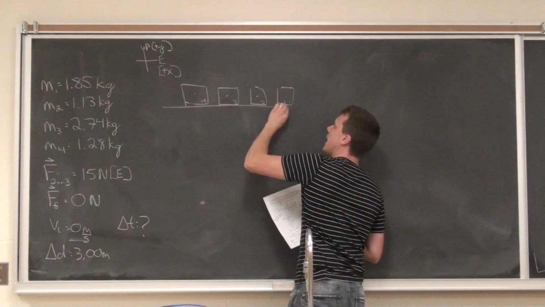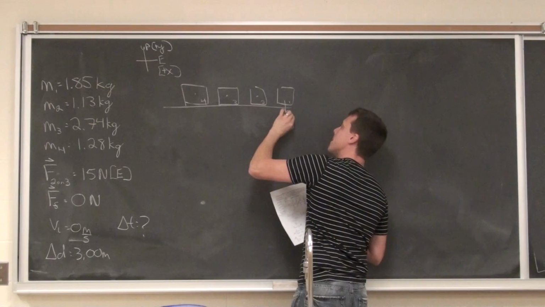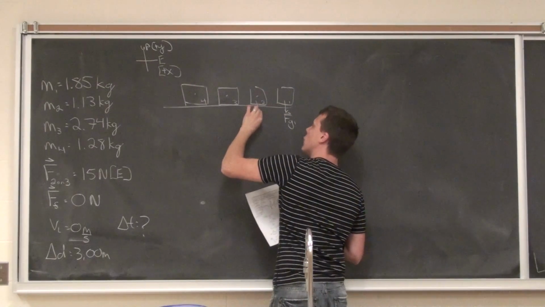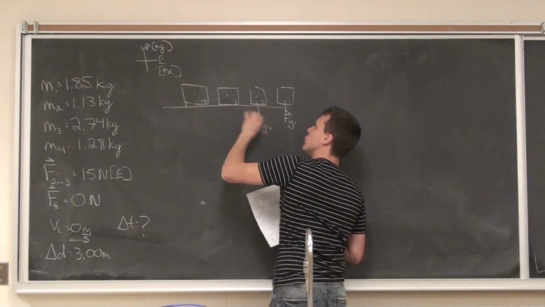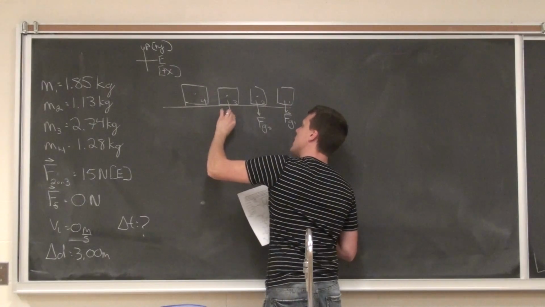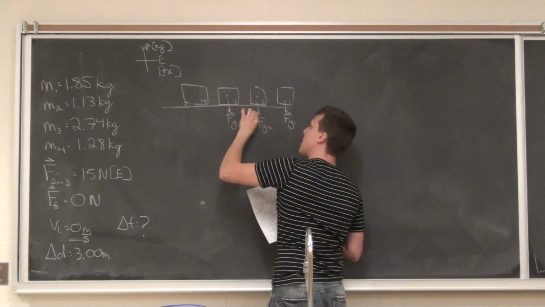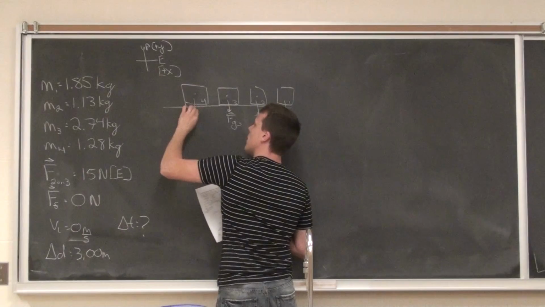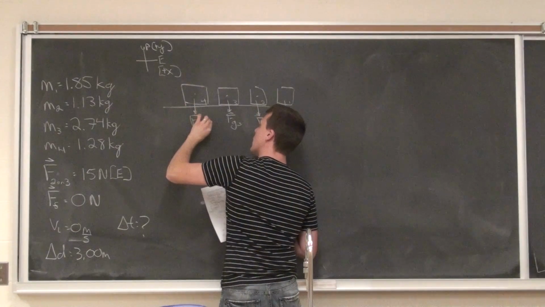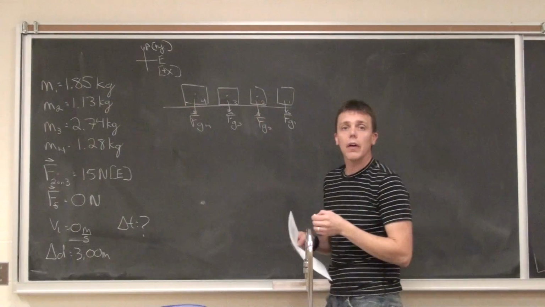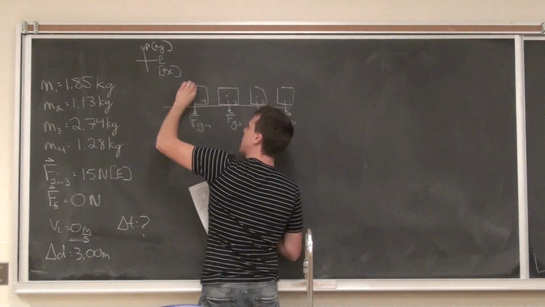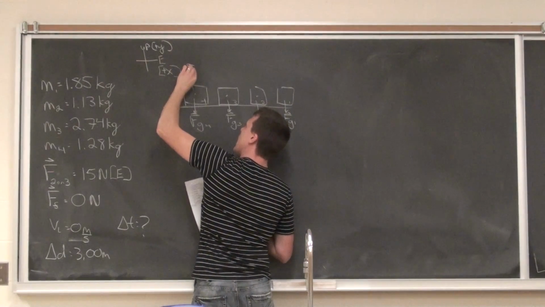At this point, I just add in the force of gravity on car 1, the force of gravity on car 2, the force of gravity on car 3, and finally the force of gravity on car 4. Now, we're on a level surface, a surface making contact, so each of these will produce a normal force.